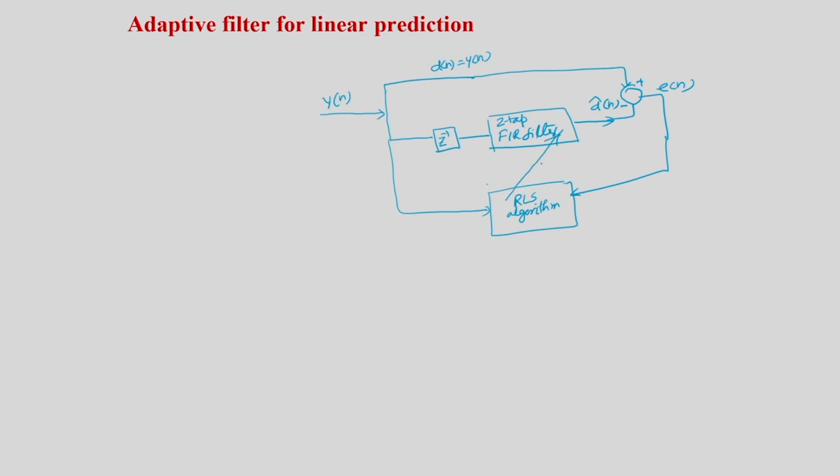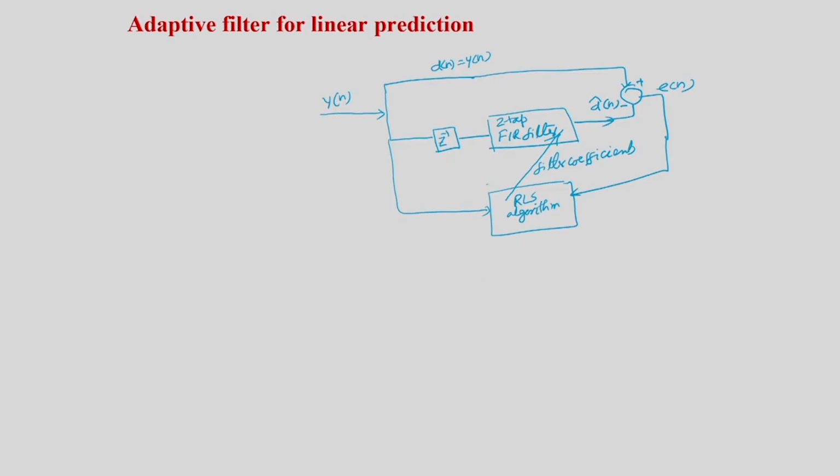These filter coefficients will be used to filter the delayed version of the signal to get d hat n. So this is the implementation of the second order linear prediction. This is a two-tap filter, and this is the delayed version, so that it will compute d hat n equal to h1 times y n minus 1 plus h2 times y n minus 2.